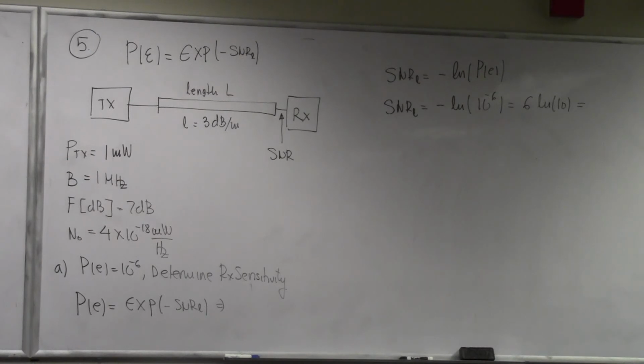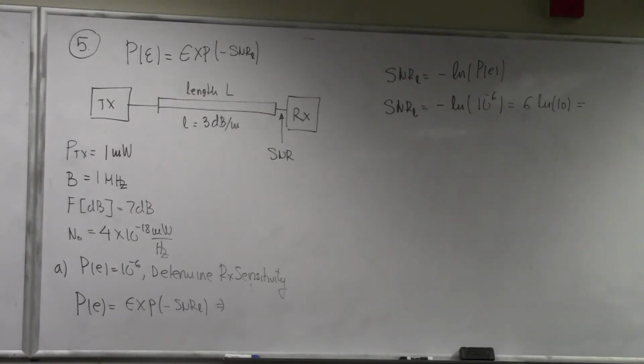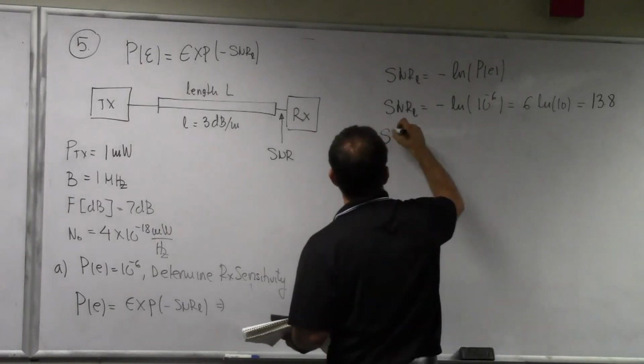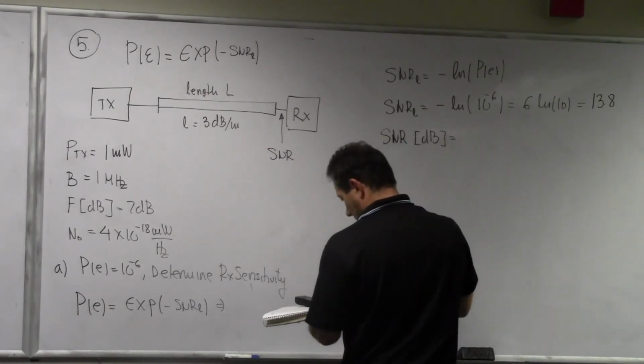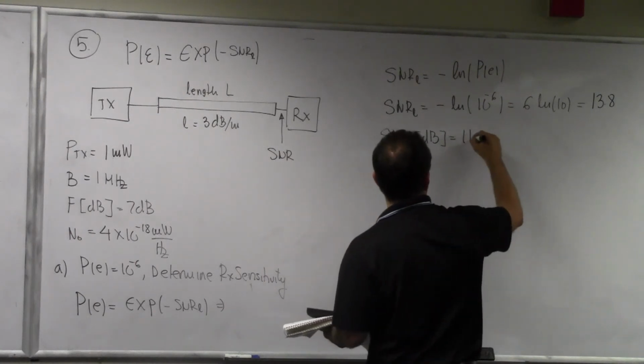Please correct me if I'm wrong. 6 times ln of 10 is 13.8, which is SNR in dB is 11.4.